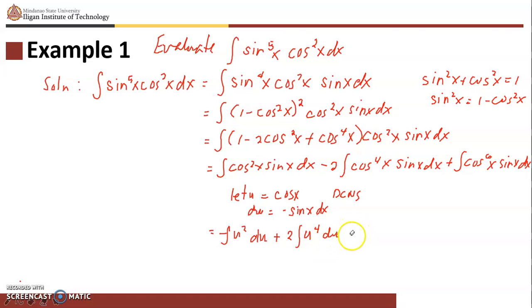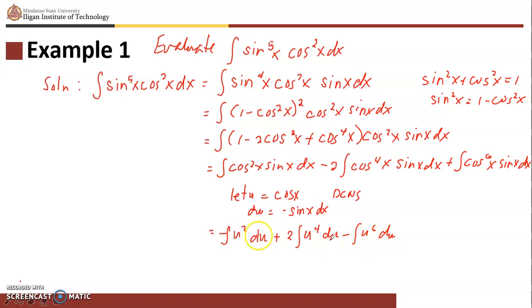Okay, there. So that's supposed to be a minus. That now becomes minus u to the 6th du, minus the integral of u to the 6th du.